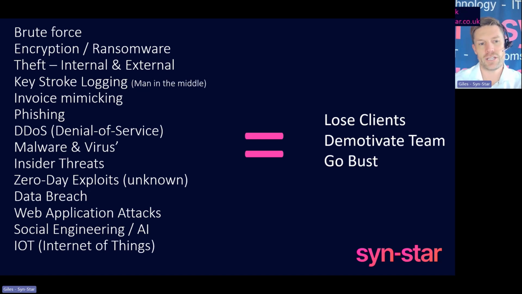Then the next is theft. Now this can be data theft in terms of someone hacks in and literally grabs and steals your data, or it can actually be from internal sources. So this is why it's always good to have that internal and external theft, and then how do you cover for each?